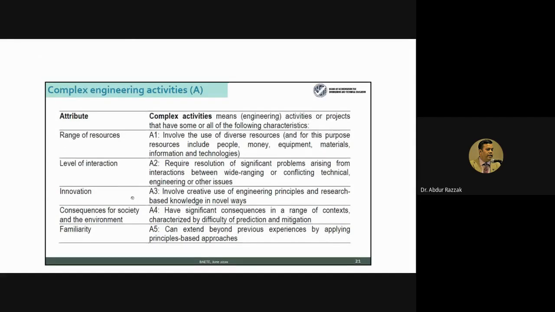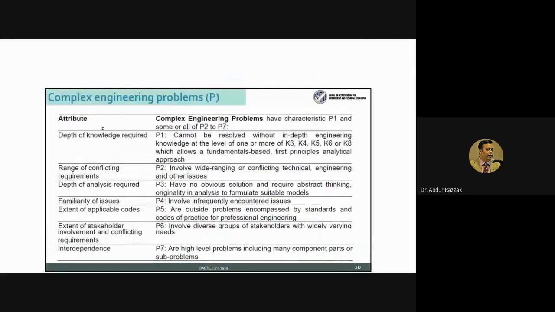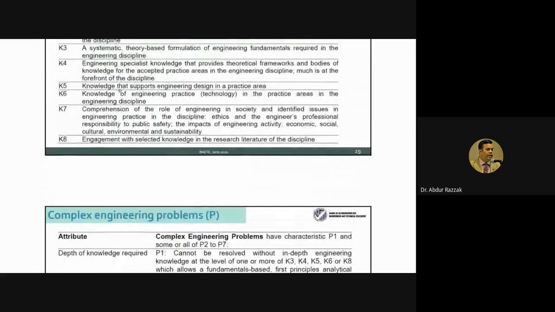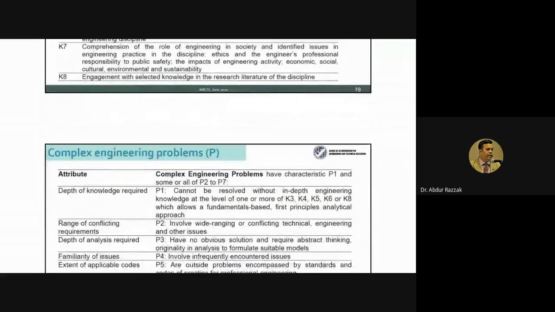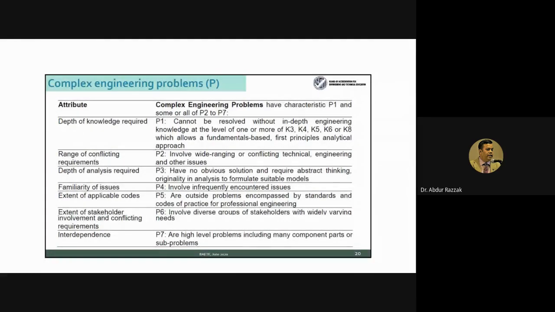Okay, so look at the complex engineering problems we have just discussed here. The knowledge profile we discussed, right? So the complex engineering problem, that is depth of knowledge required, this is P1. P2 is the range of conflicting requirements. P3 is the depth of analysis required.